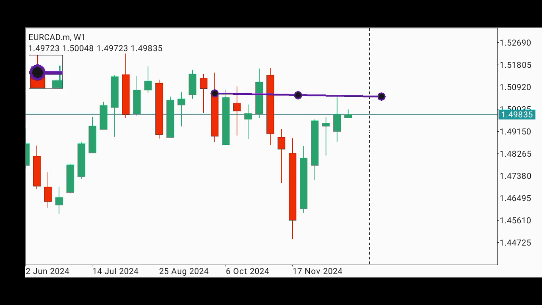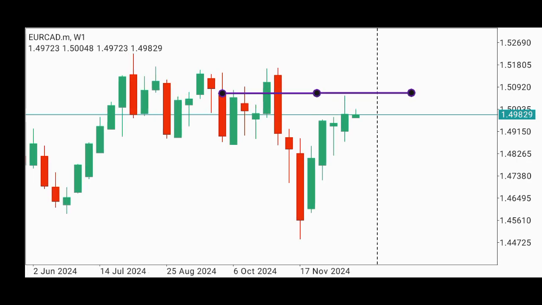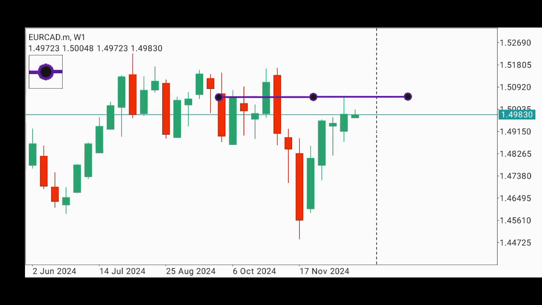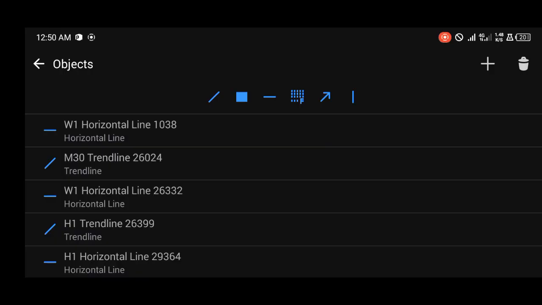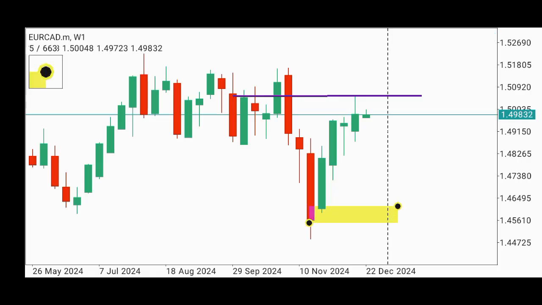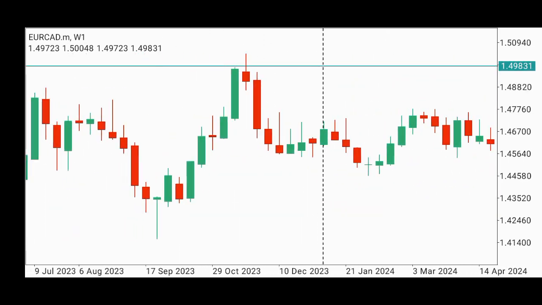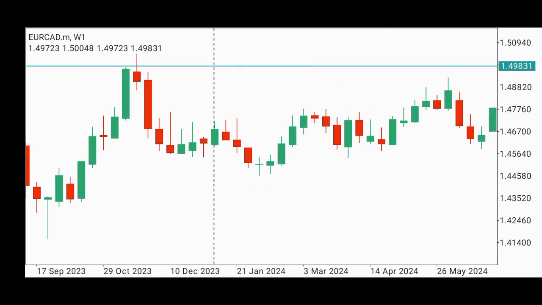You see what happened? Market impulse, right? Look out, an impulse came down, broke it, came down all the way to this point. So you don't have to be shifting backward to see what is happening in the past.